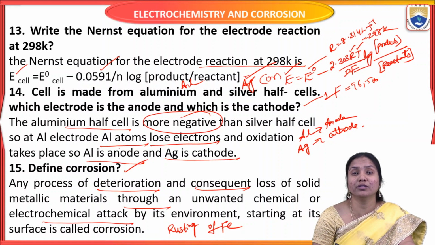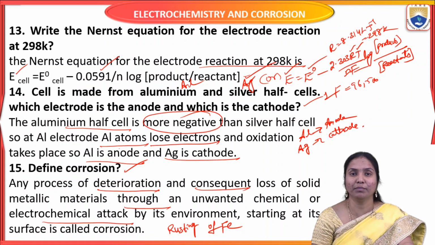And there is one more definition: the natural tendency of a metal to return to its original form. Generally metals are available in nature as ores or minerals, for example metal sulfide, metal oxide, metal nitrate. For our purpose, we extract the metal from these mineral compounds.